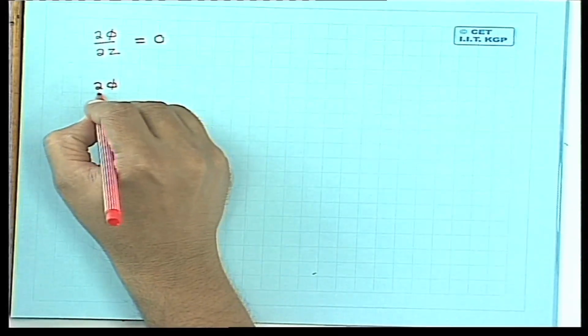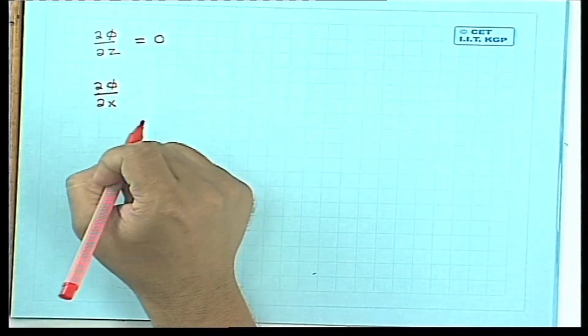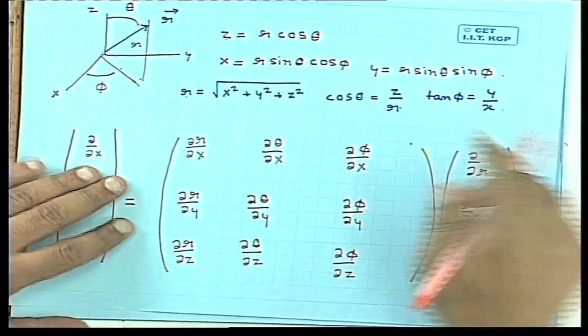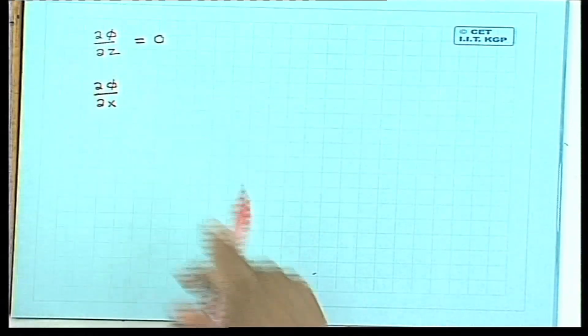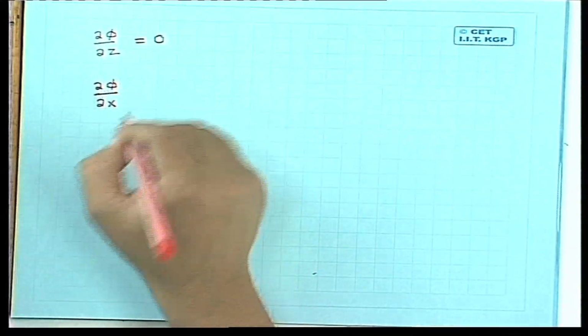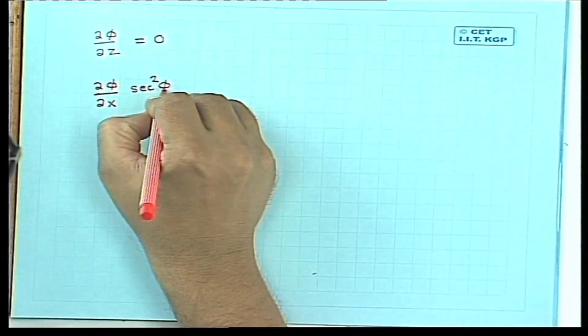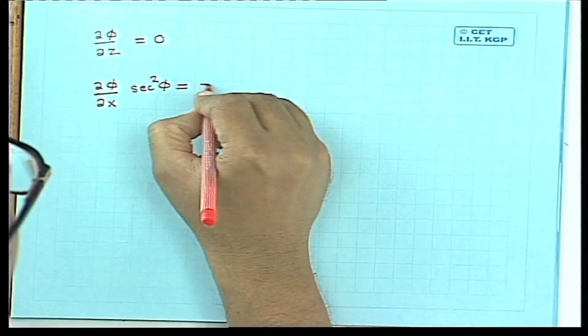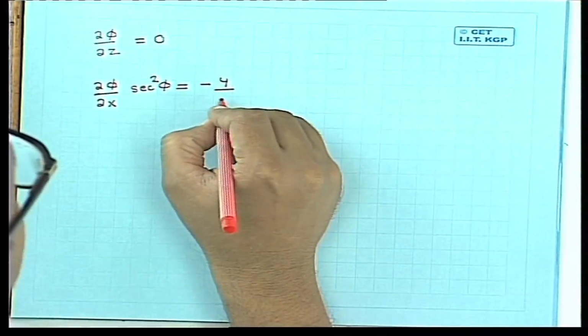Del phi del x can be easily obtained by just differentiating tan phi is equal to y by x. So, if I differentiate tan phi, what I get is sec square phi del phi del x is equal to minus y by x squared.